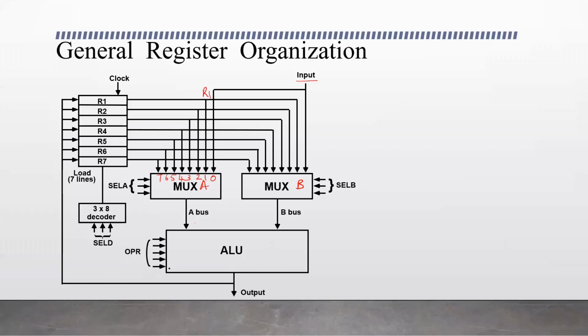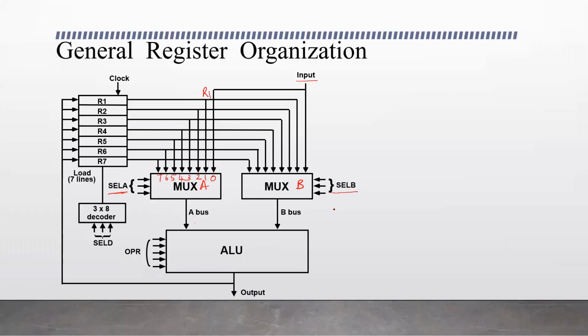And to select the registers in the multiplexers, we have the selection input SEL-A applied to multiplexer A, and SEL-B is the selection input to select one of the registers. Depending on these selection inputs, one of the registers or inputs will be selected.